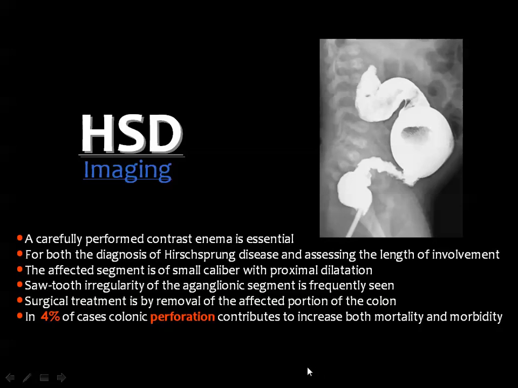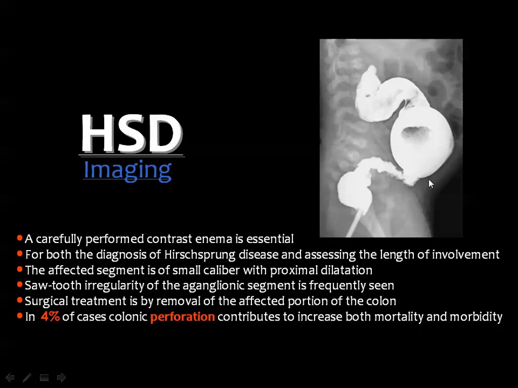Whenever we are performing barium enema for suspected Hirschsprung disease, we do not usually proceed to have a full barium study. We inject barium cautiously through the rectum until we can see the aganglionic segment, and we are able to measure its length. Then we opacify just the normal segment, or the distended segment, proximal to the aganglionic segment.